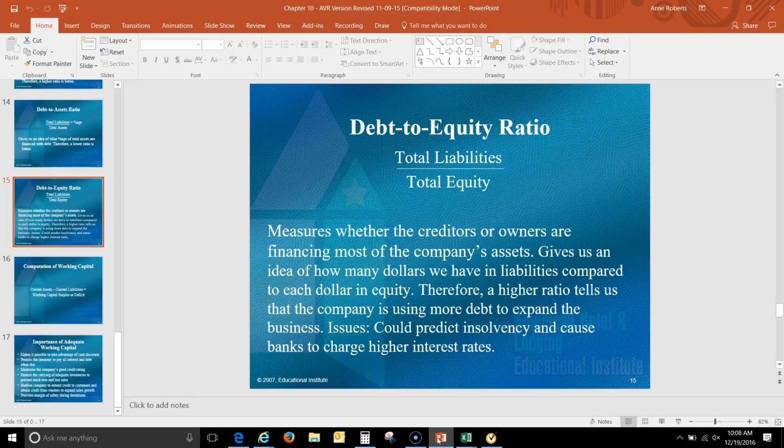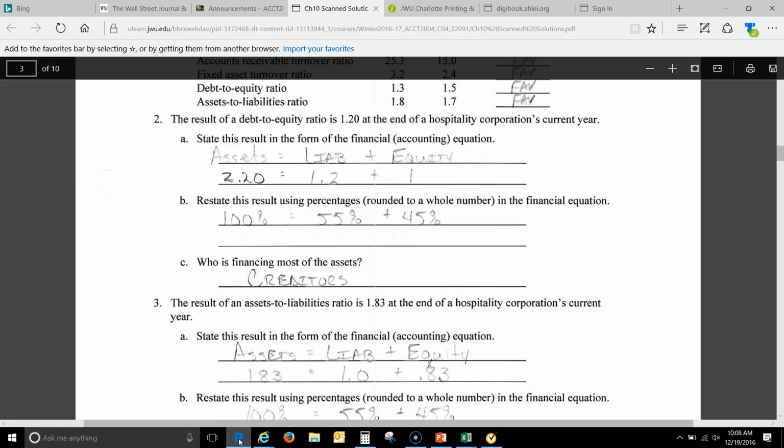Well, hang on. All right, so it asks you 3 different questions against this one. A says state this result in the form of the financial accounting equation. Okay, the financial accounting equation is assets equal liabilities plus equity.